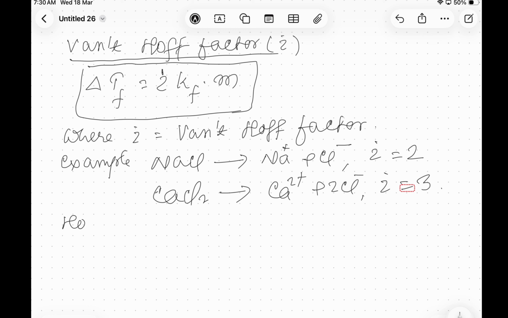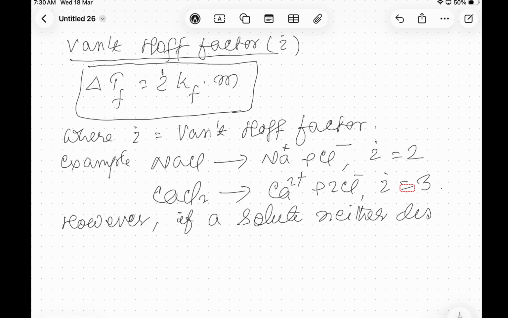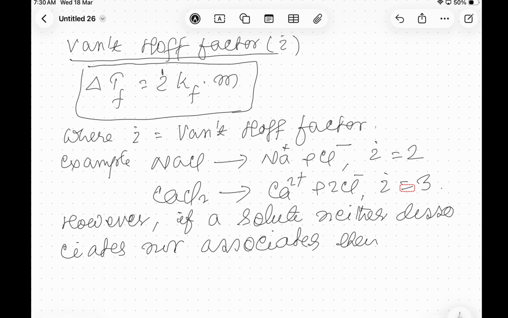However, if a solute neither dissociates nor associates, then the value of i is equal to 1.